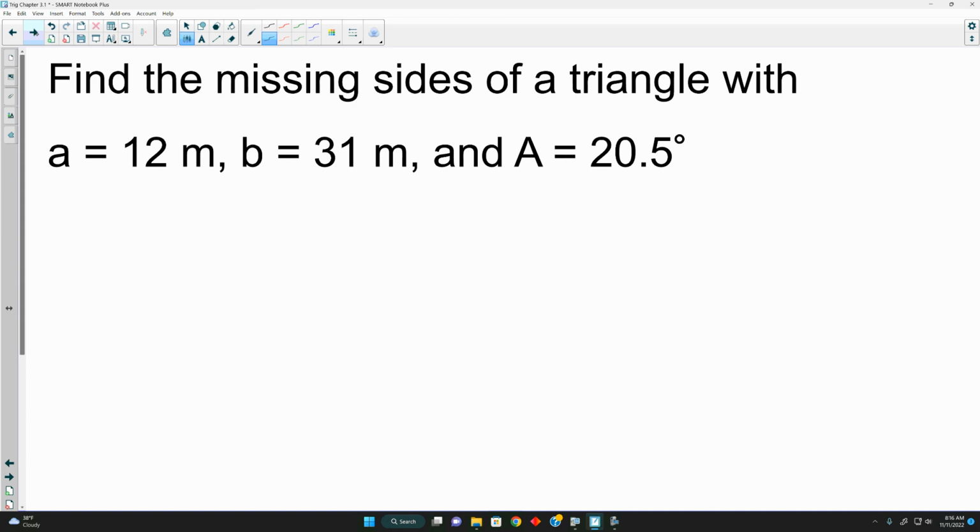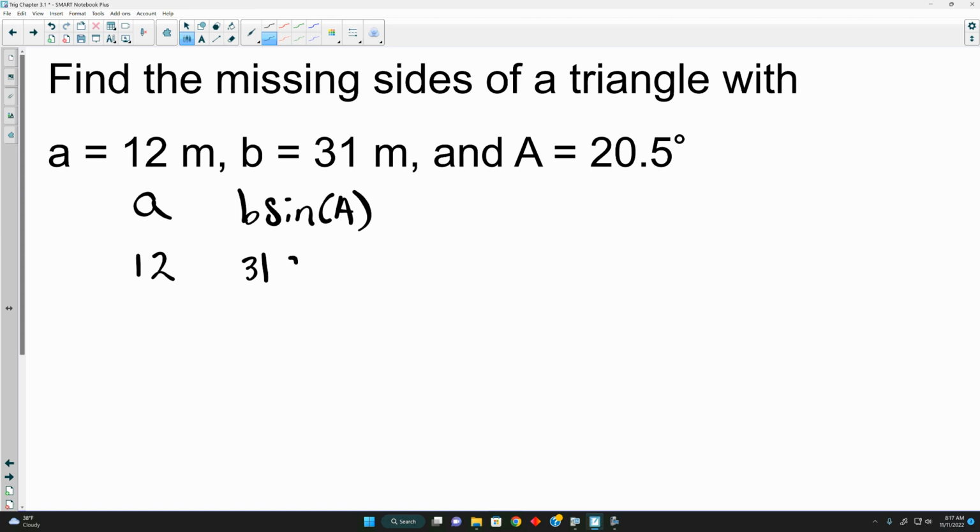All right, let's look at the next one here. So again, most of the ones we're going to do from here on out are going to be two sides and an angle. Here, the angle is not greater than 90. And A is less than B. So we're going back to our three options, A and B sine of A. A is 12.